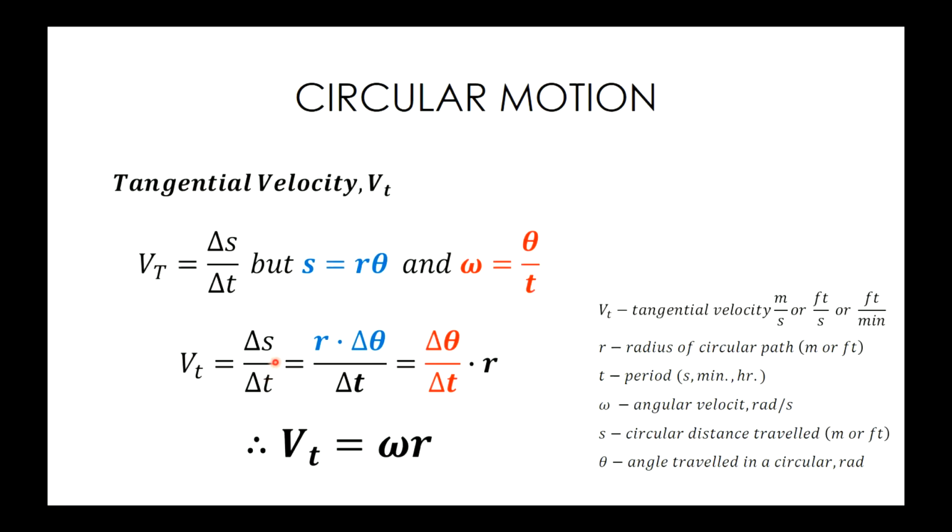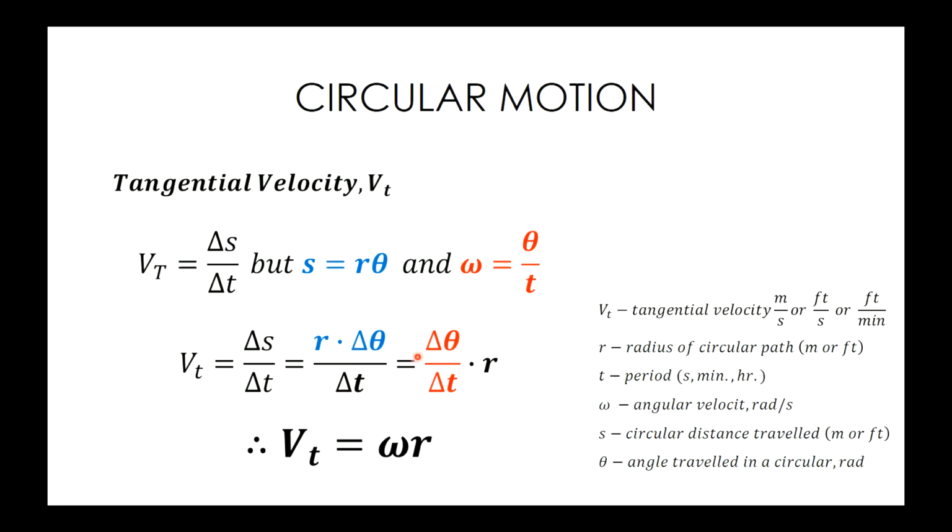So, kung ang distance traveled S is equal to radius times theta and angular velocity is equal to theta over time, substituting this formula sa ating working equation, makakapag-form tayo ng radius times change in theta over change in time.